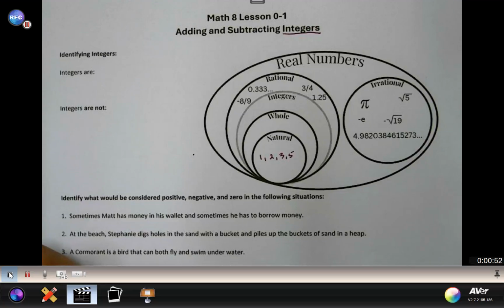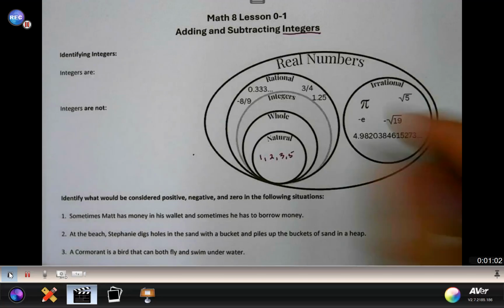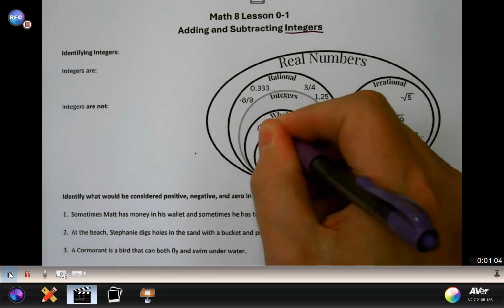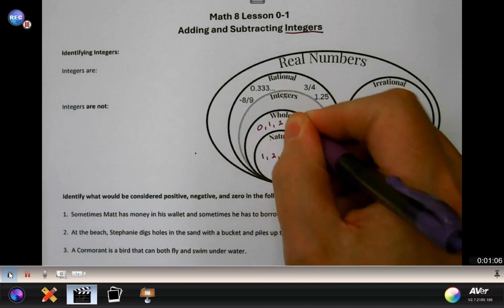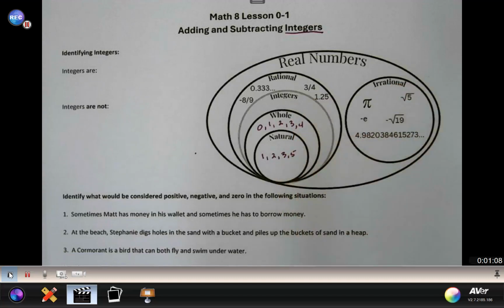All right, and then at some point, people decided, you know what? It'd really be nice to have the number 0. And so the whole numbers are the natural numbers with 0 included. So we said 0, 1, 2, 3, 4. I'll add 4 this time because it's actually a number. And then at some point, probably when people started trading with each other, they decided, you know what?